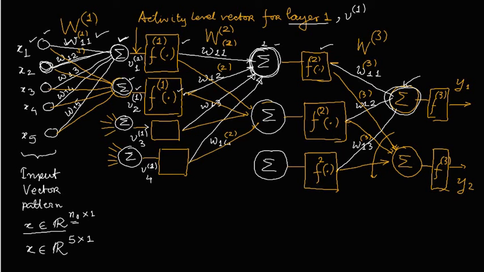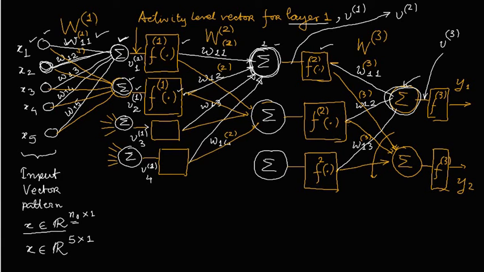And as we have seen here, this activity level vector for layer 1 was represented as V1. Similarly, here it will be represented as V2, and activity level vector will be represented as V3 here.